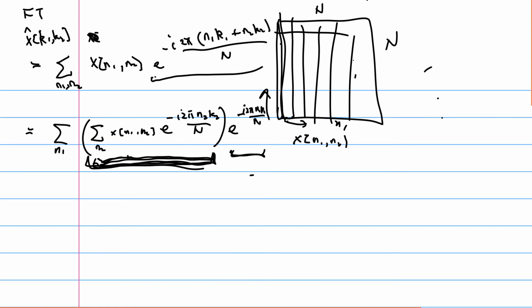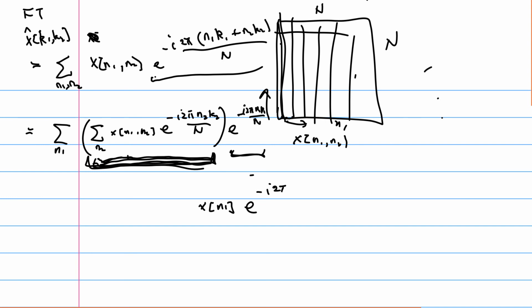So then, what's the inverse transform, by the way? Since I can decompose into 1D transforms, maybe just simplify and consider the 1D transform. Let's say I have a 1D signal x n here, and I do a Fourier transform.